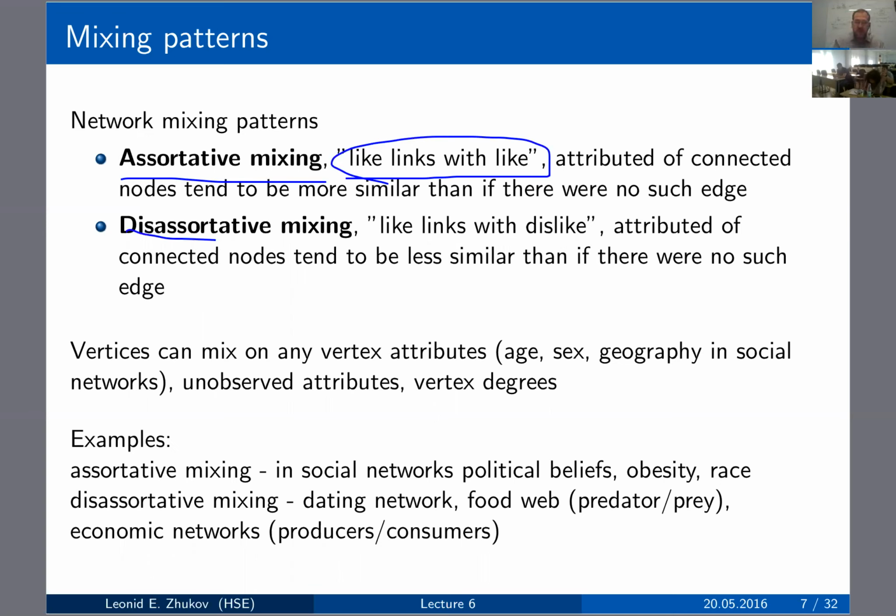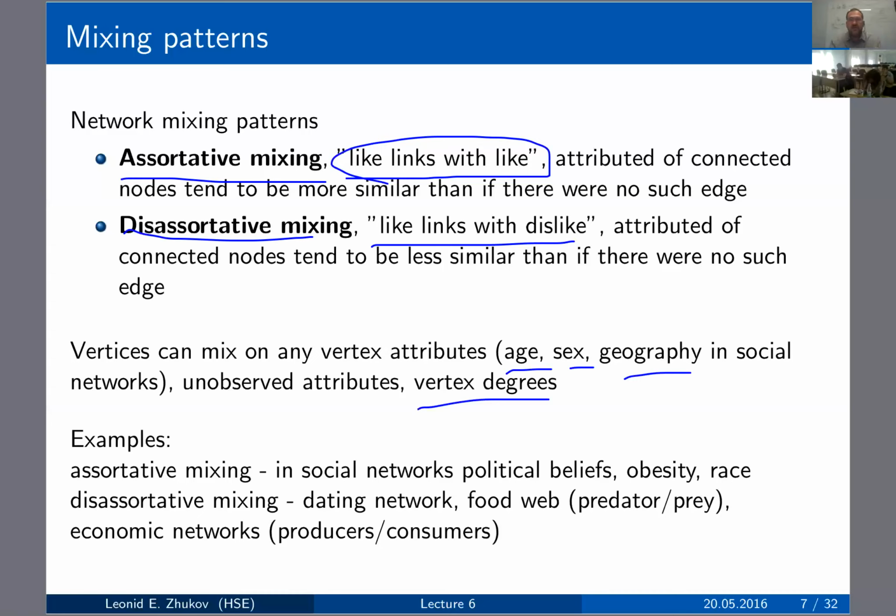And disassortative mixing means like links with unlike. Attributes of connected nodes tend to be less similar than if there were no such edges. And by attributes, we mean age, sex, geography, and vertex degrees.